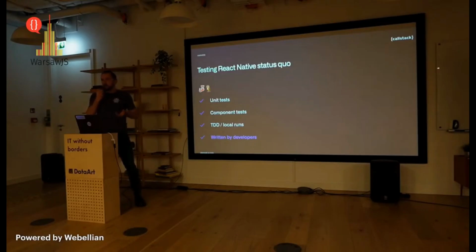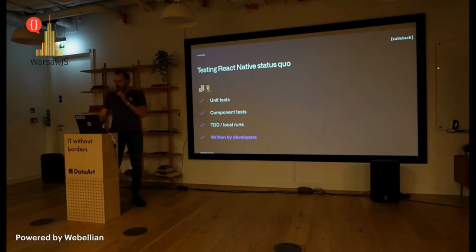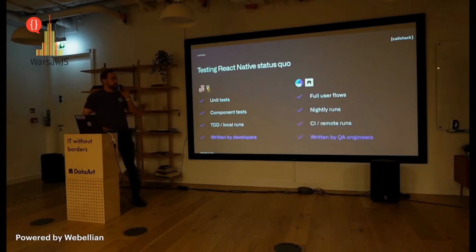We are all writing unit tests, right? Yep, so developers are writing those. But on the other hand, we have end-to-end tests, which are slow, which usually take about 20 minutes, 40 minutes, 60 minutes, even a whole night in some cases.